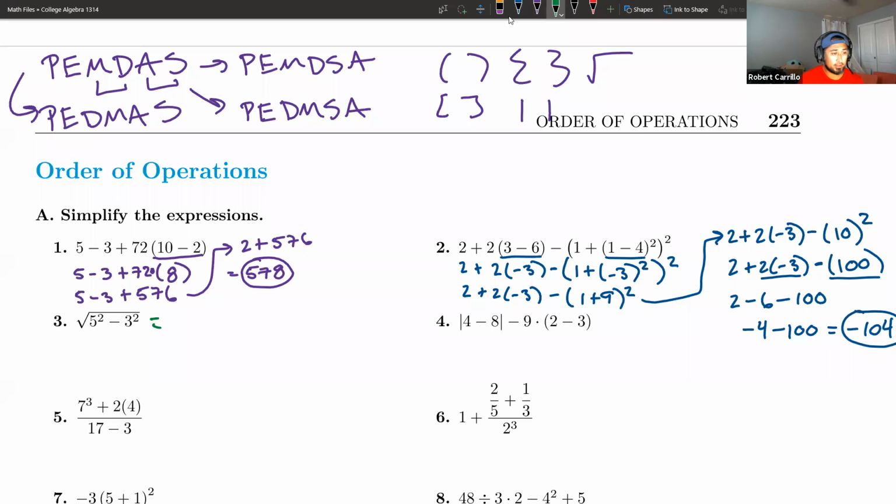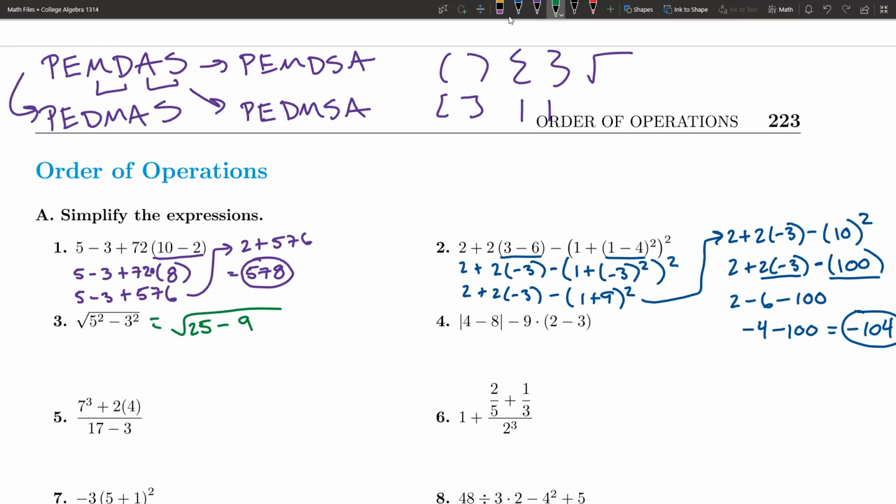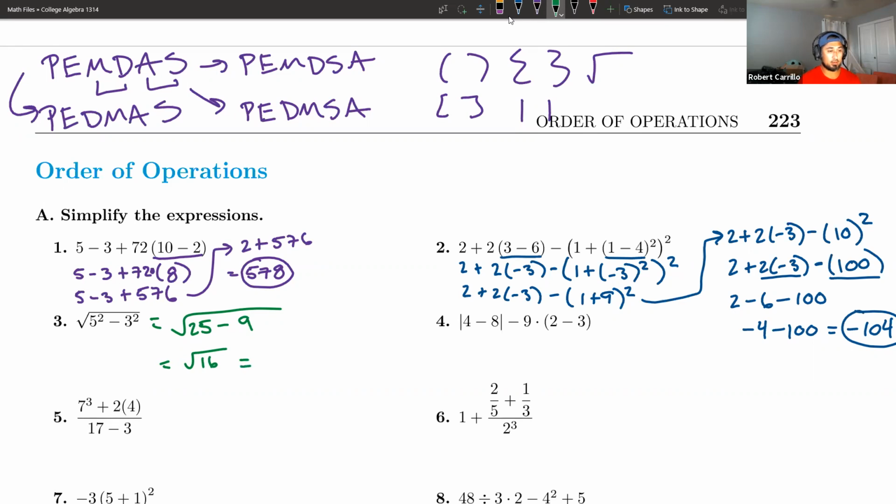The radical stays put, and 5 squared we know is 25, minus 3 squared, which we know is 9. You get 25 minus 9, which gives me the square root of 16. And what is the square root of 16? 4. There you go. That's it.